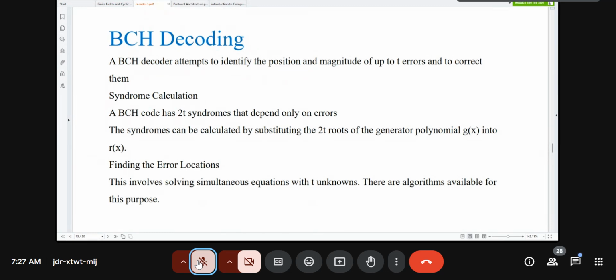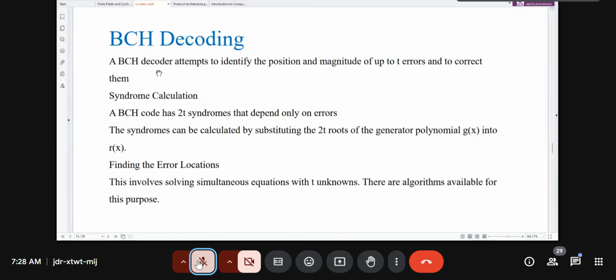And remember, BCH codes are a class of cyclic codes, and cyclic codes are a class of linear codes. So that's why I'm very careful when I'm distinguishing the codes we are doing, the BCH codes, because even BCH codes are linear codes and they're also cyclic.